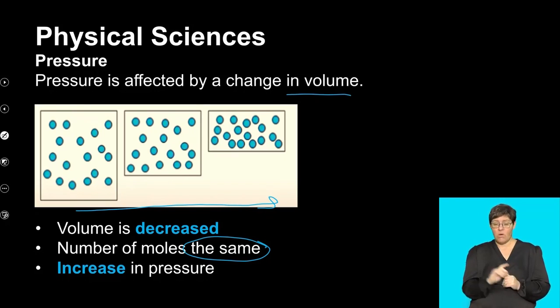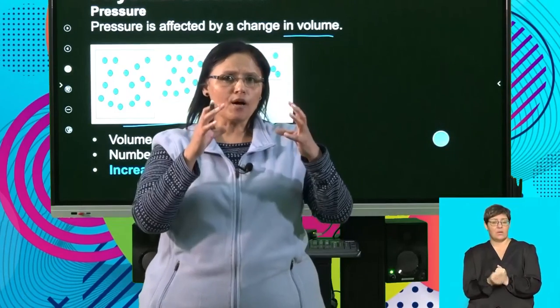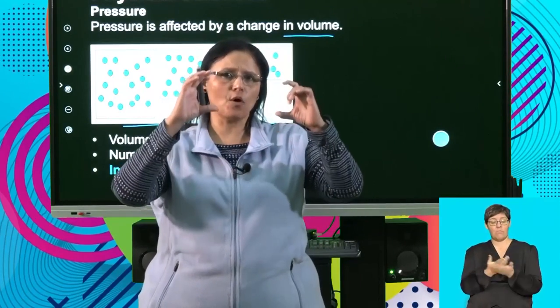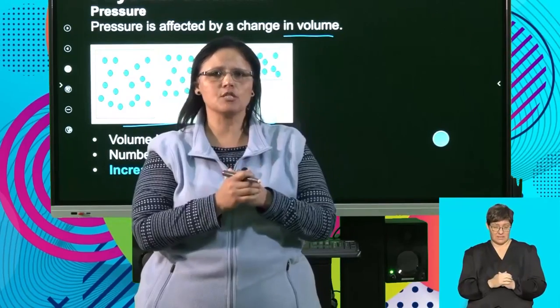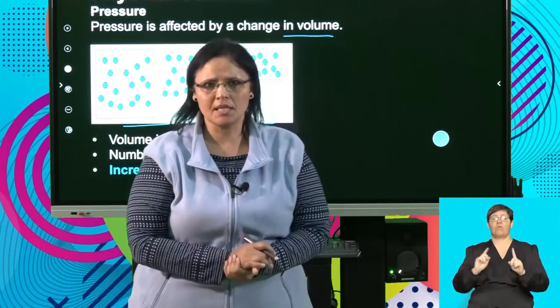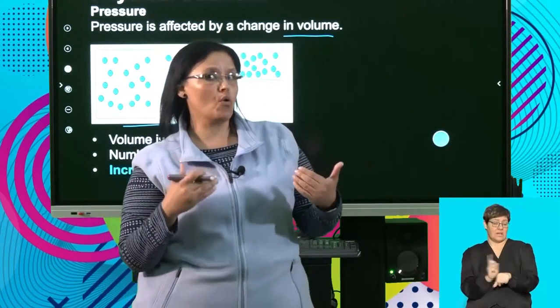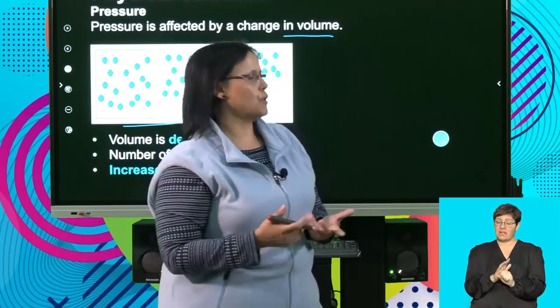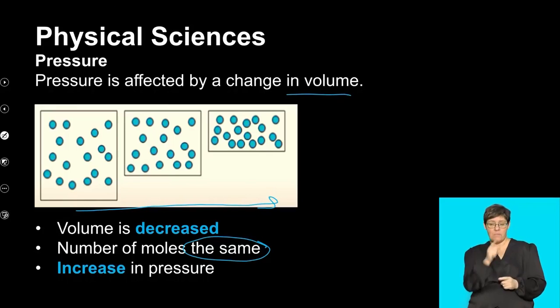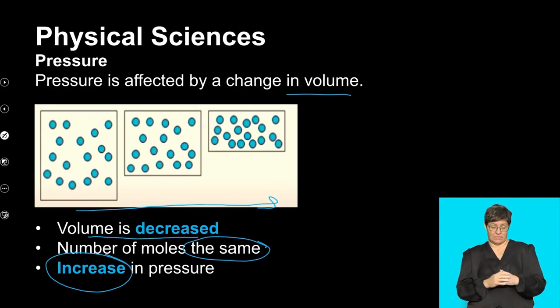So what happened now is that the number of moles is confined to a smaller space. There's more collisions per unit time, and there's more effective collisions per unit time, so it will obviously increase the rate. But what we need to know is that a decrease in volume will increase our pressure.